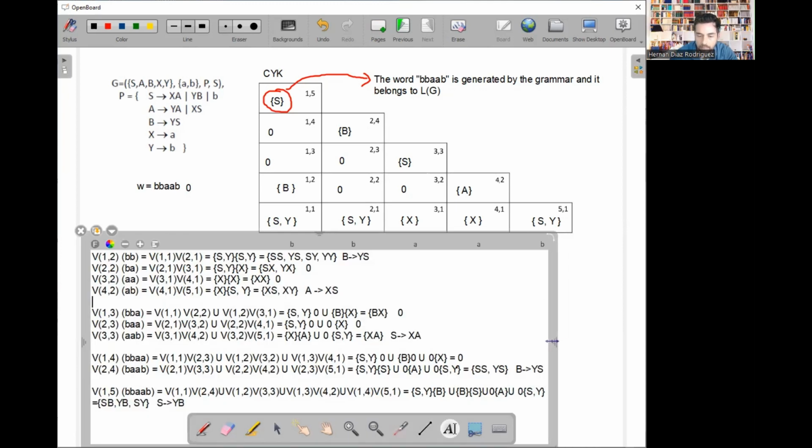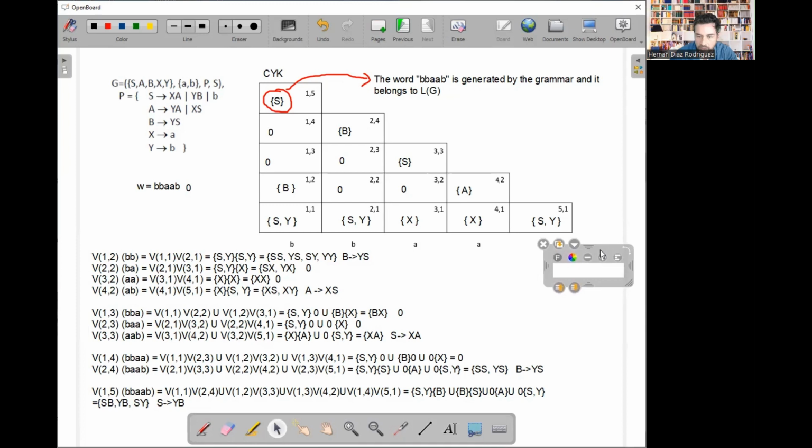The possible ways of creating that word with two variables are, well, first I generate the first B and then BAAB. Another possibility is I generate the first two B's and then AAB, or I generate BBA and then AB, or finally I could generate BBAA and then B, right?